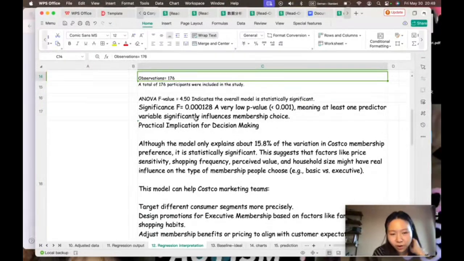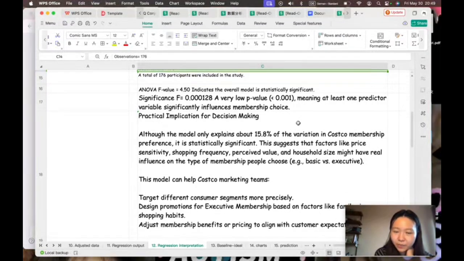ANOVA F value equals 5.5, which indicates the overall model is statistically significant. The significance F equals 0.000128, a very low p-value, meaning at least one predictor variable significantly influences membership choice.